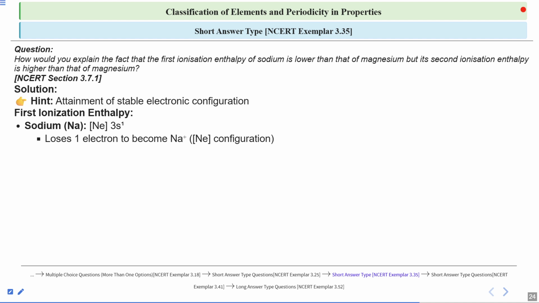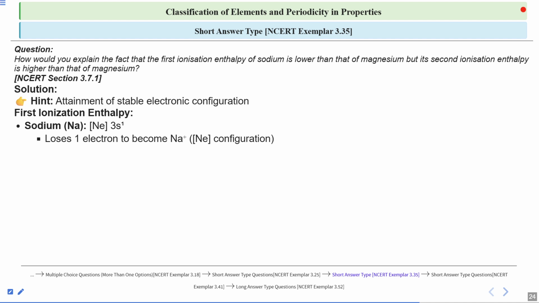If after removing 1 electron the sodium goes to a stable electronic configuration, then it is very easy to do so, because it will easily lose that 1 electron to attain the noble electronic configuration of neon. So that is the reason we are applying a lesser amount of energy.